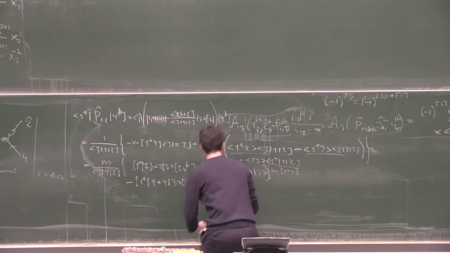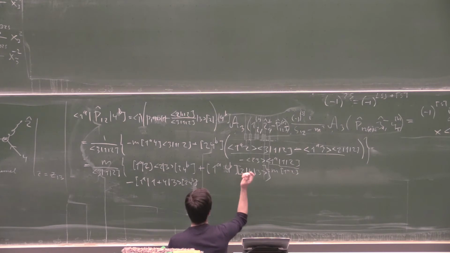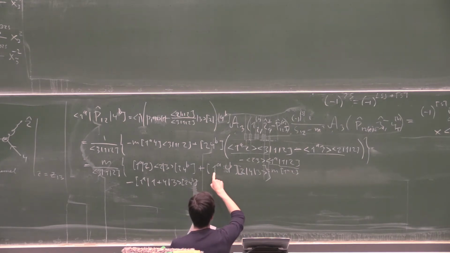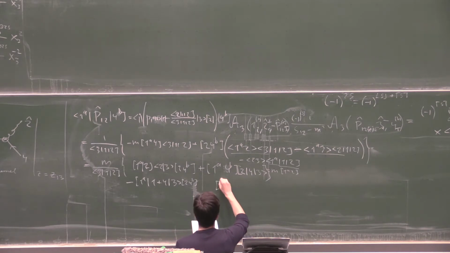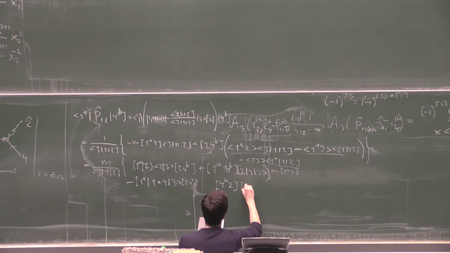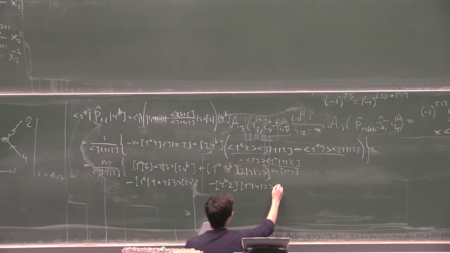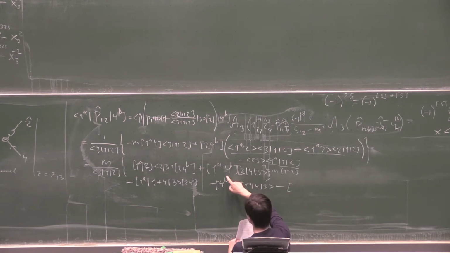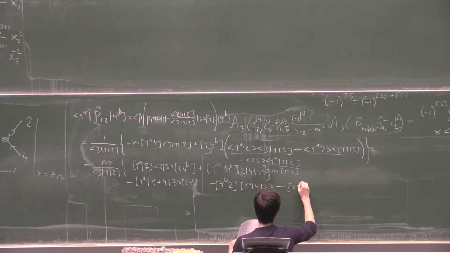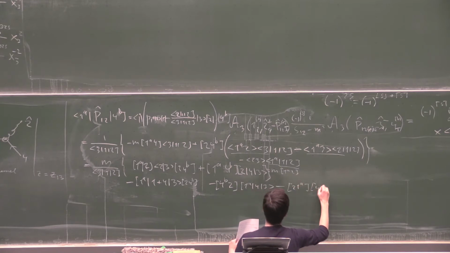And here I can do another Schouten identity with respect to brackets 1, 4, and 2. I get 4, 2, 1A, 4, 3 with a minus, and 4, 2, and now 2, 1, 4, 4, 3.